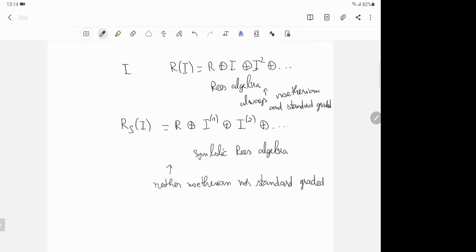So in the case of monomial ideal, then you have Noetherianity. And so this gives you the outcome that the symbolic depth function is eventually periodic.